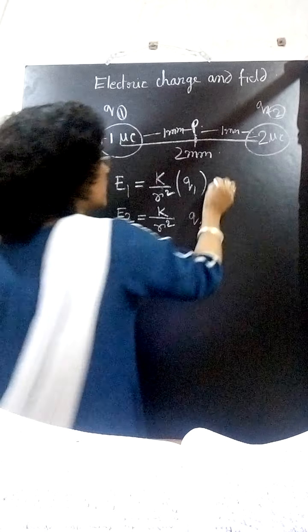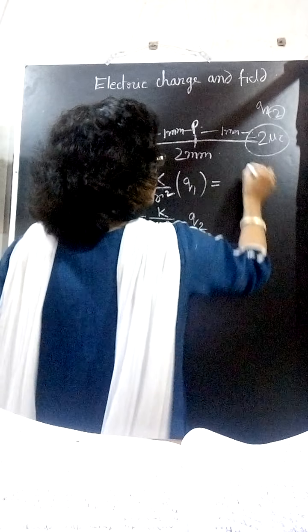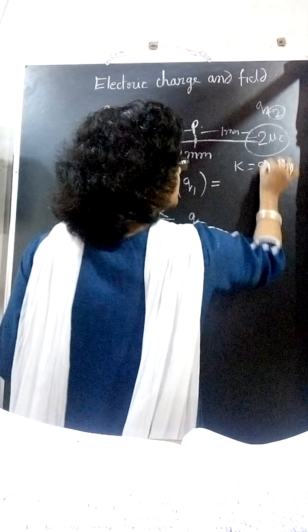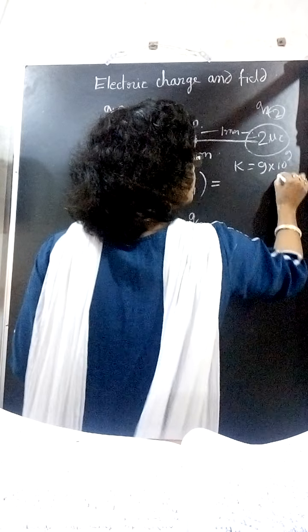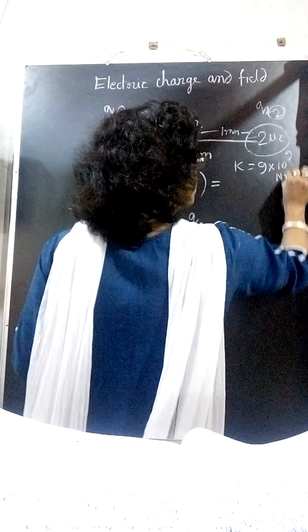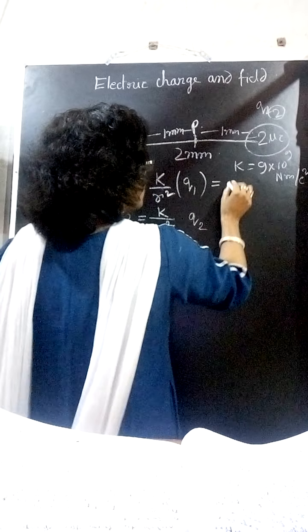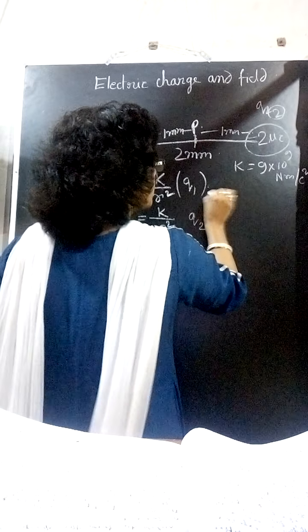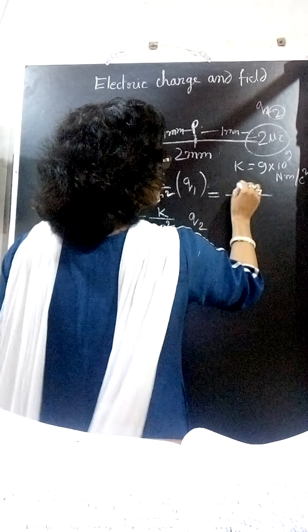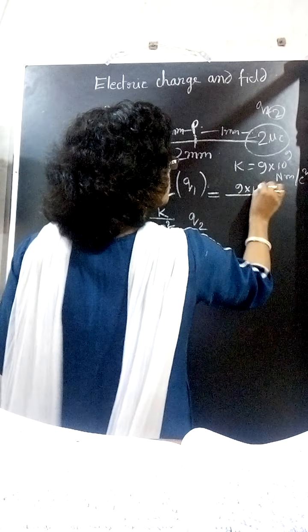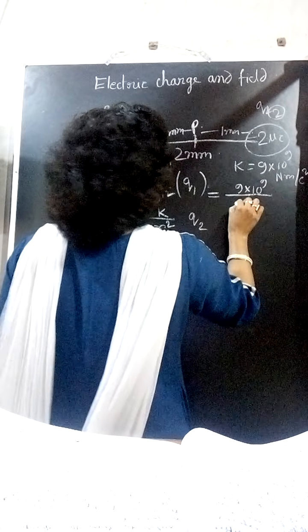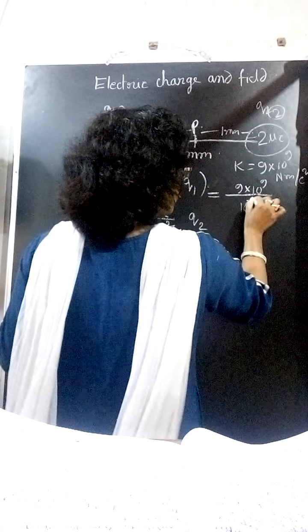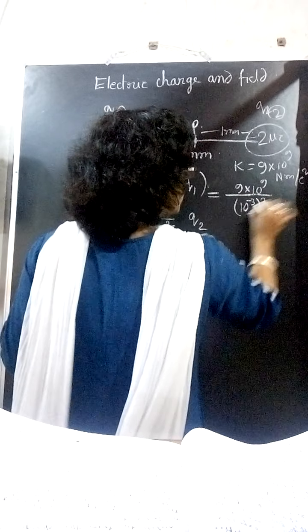Now, you already know the value of K is 9 into 10 to the power 9 Newton meter square per coulomb square, and R is 1 millimeter, that is 10 to the power minus 3 meter.